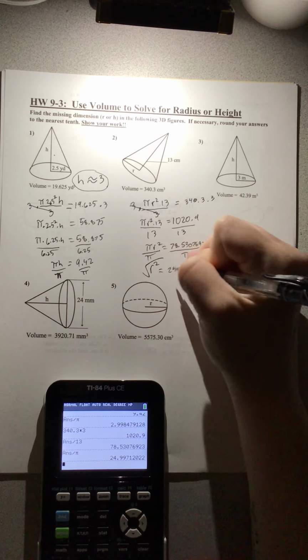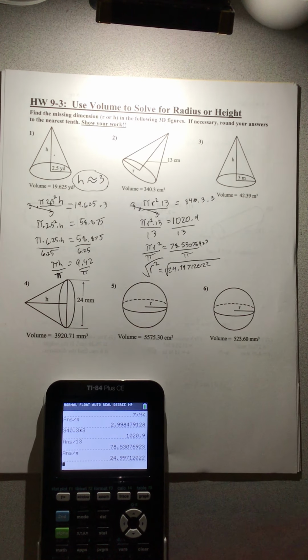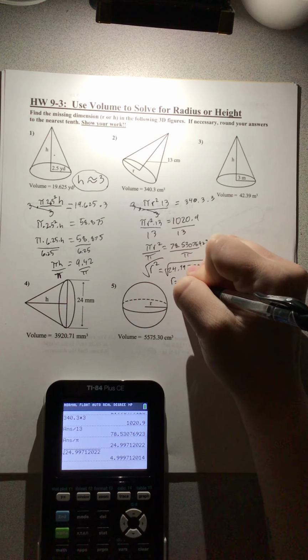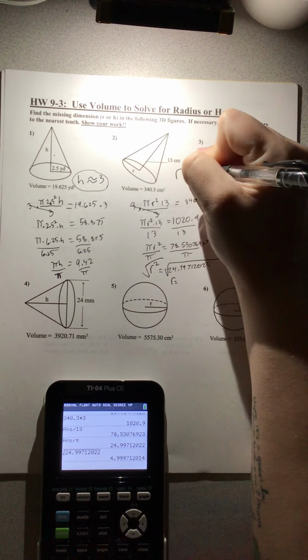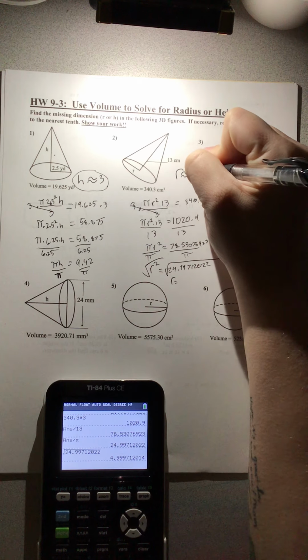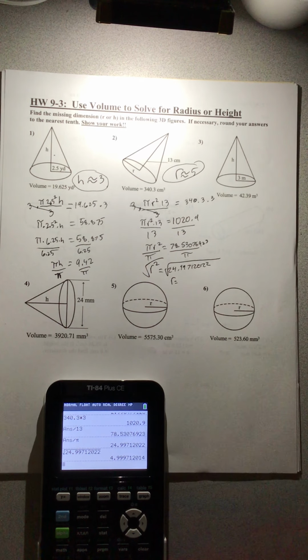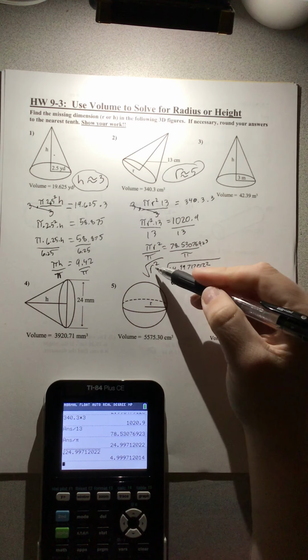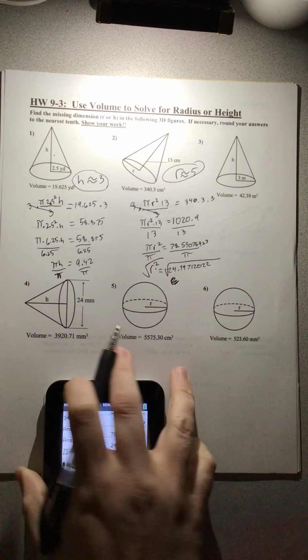And then, since it's squared, take the square root, please, because that's the opposite. And enter. And I get r is approximately, so the radius is approximately 5. See? Just reverse engineering. But when you have a square, make sure you're taking the square root.